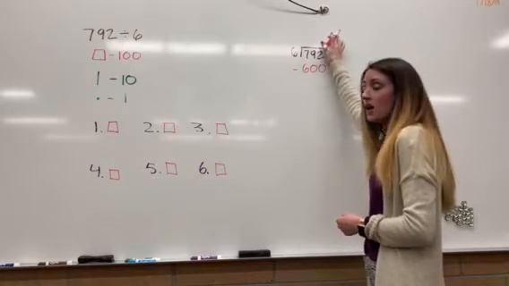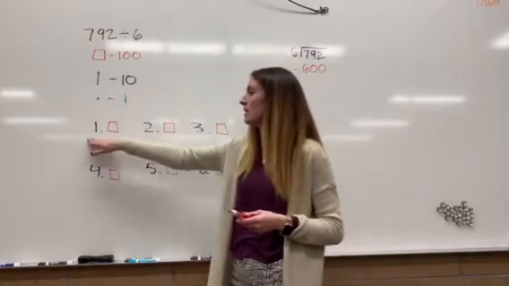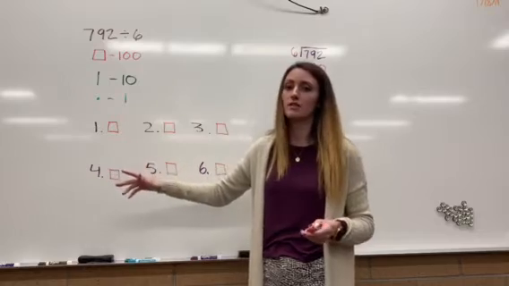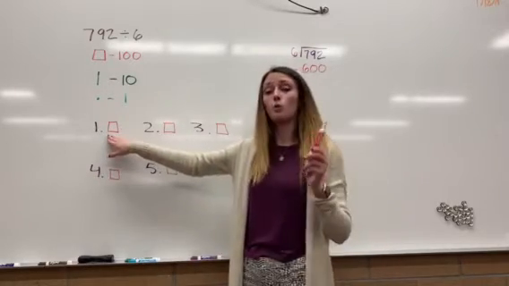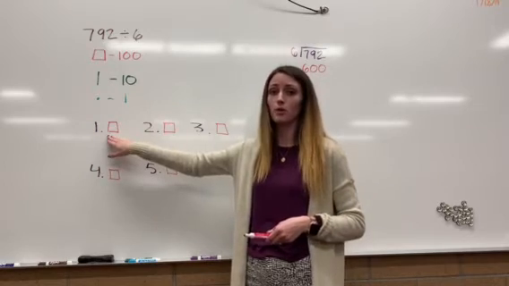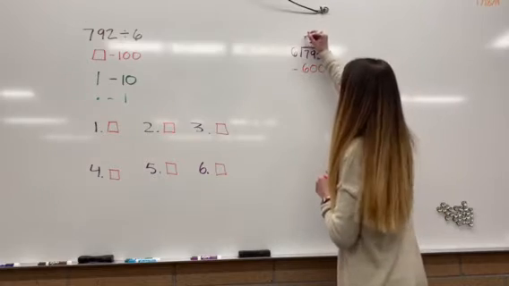On top, I'm going to be looking at one single group. Now, I'm going to look at my first group just because that's easiest for me, but it doesn't matter as long as you're only looking at one single group. I've used 1 hundreds flat in my group. We know a hundreds flat represents 100. That goes on top.